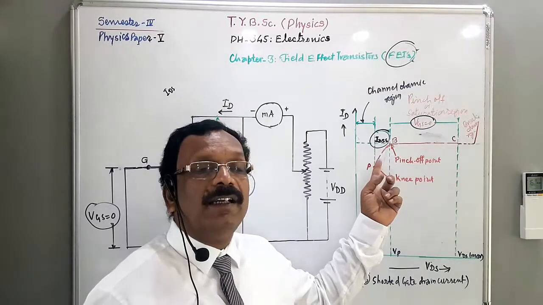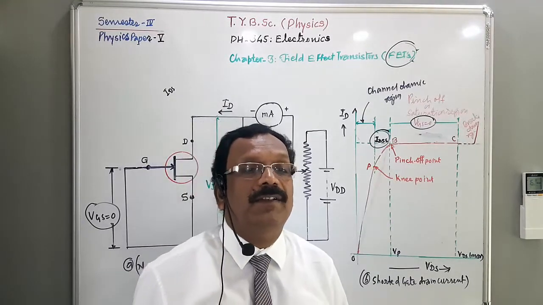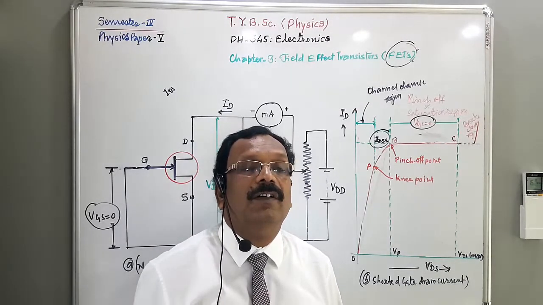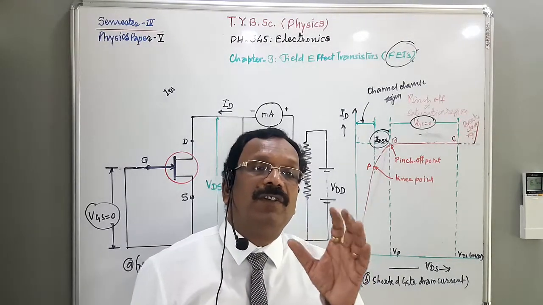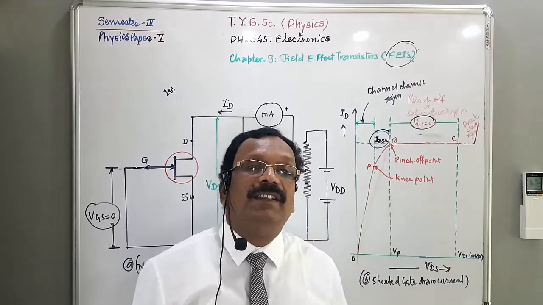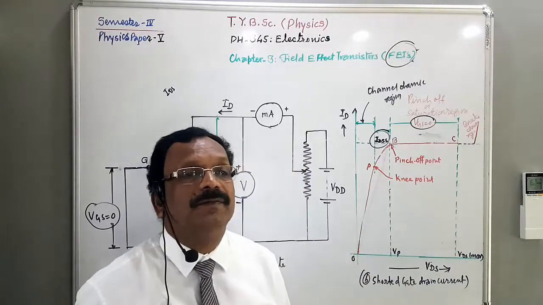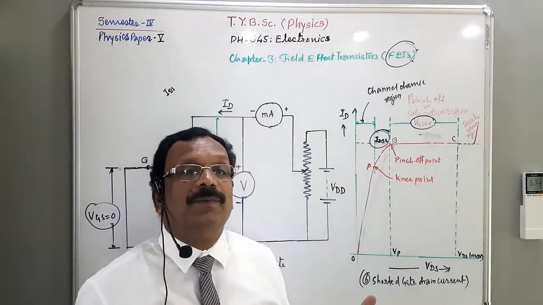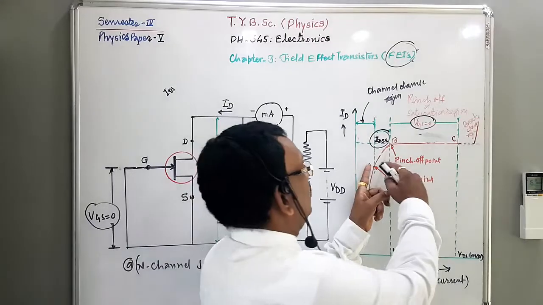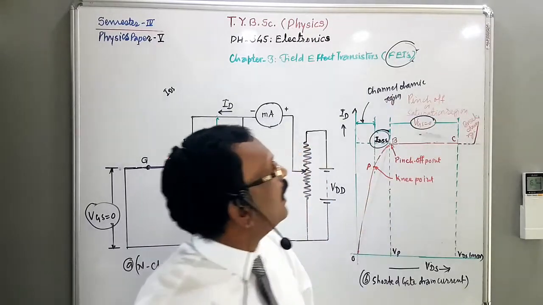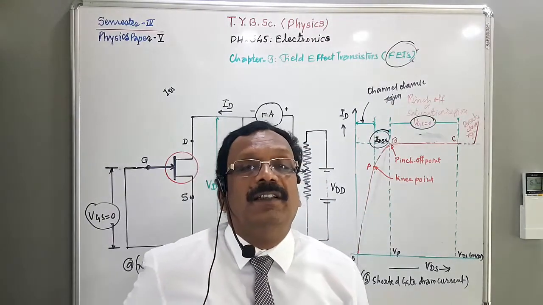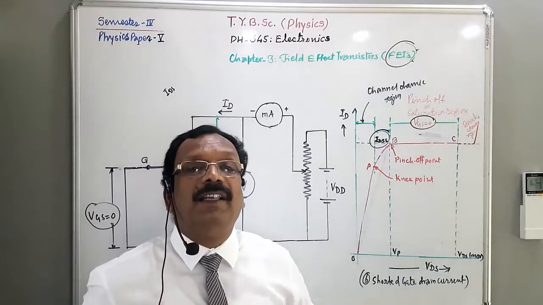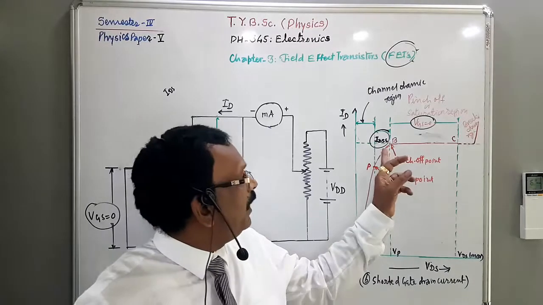Current is directly proportional to voltage when resistance remains constant, and this is Ohm's law, V is equal to IR. Therefore, this is the ohmic region. This region AB is the channel ohmic region. And this is the region of characteristics where ID is fairly constant.